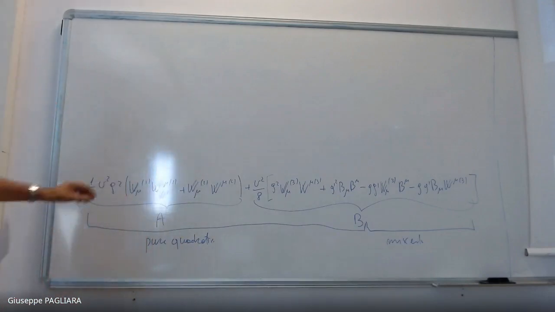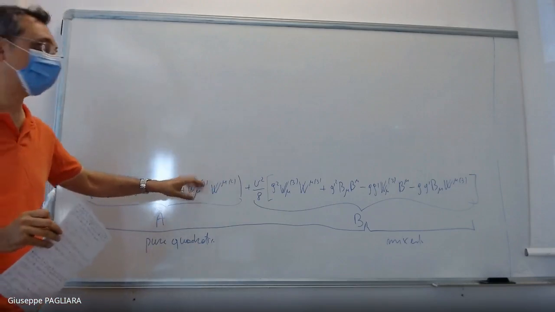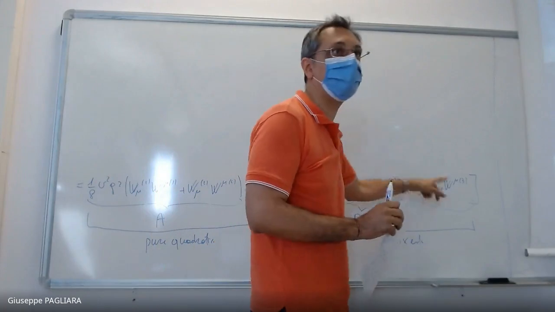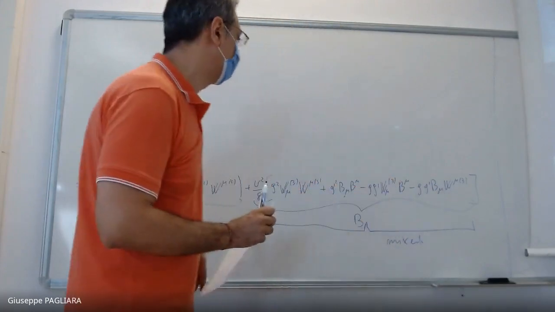Okay, so we can assign the mass term for the W1 and W2 because they appear as pure quadratic terms, but we cannot do the same for the W3 and the B because they also appear in a mixed term. Okay, so we have to do something here.